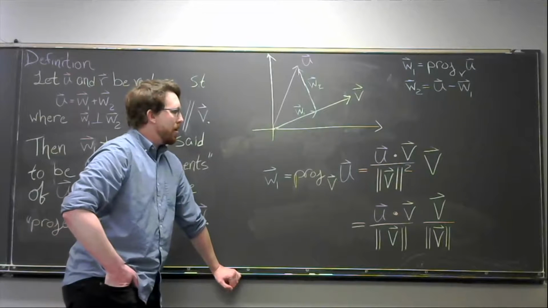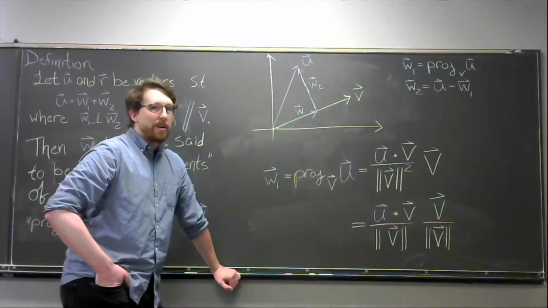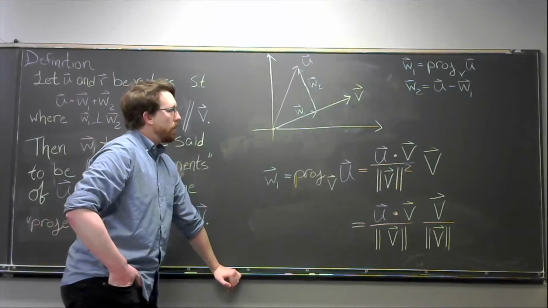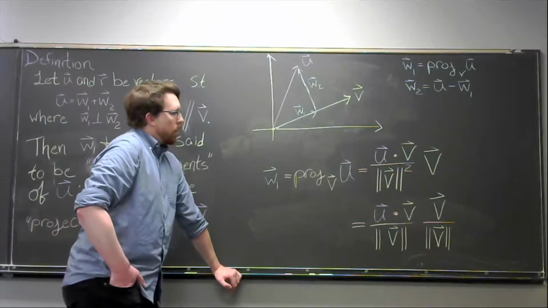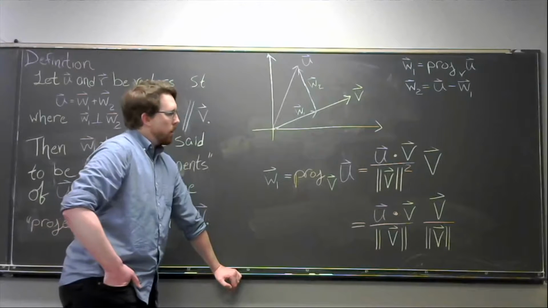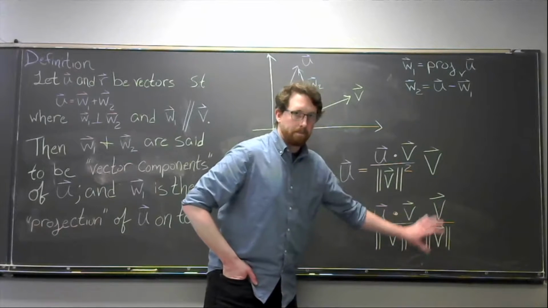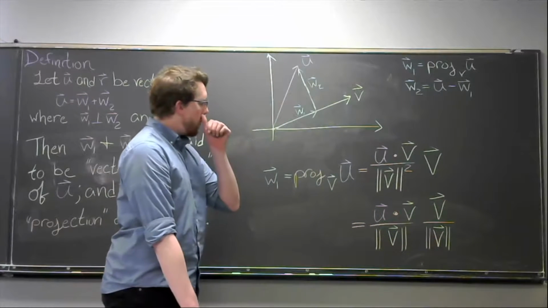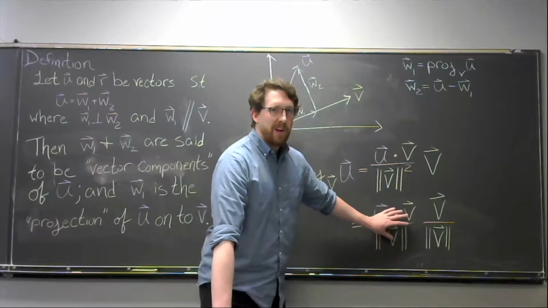What is this? Well, you'll notice we can break up that denominator, right? We can break it up into the magnitude of v times the magnitude of v, which we can break up again. When we do, we get this expression down here. Well, looking at this, I don't really know what this is right off the top of my head.